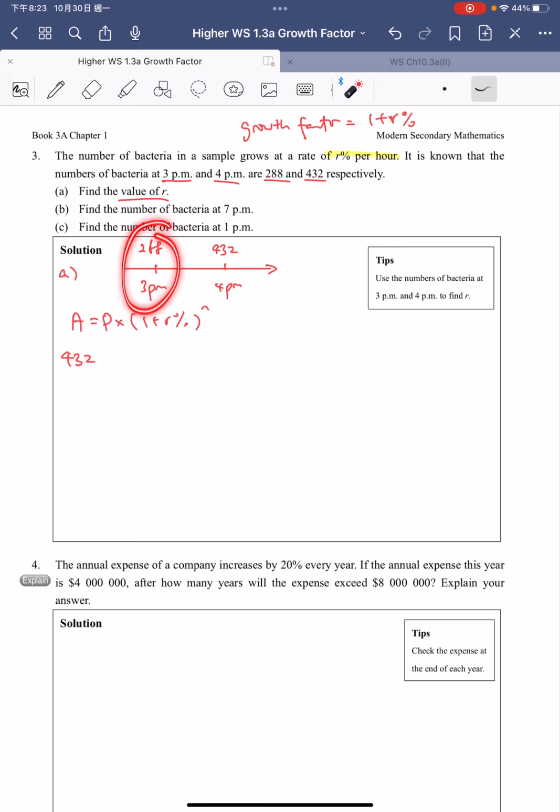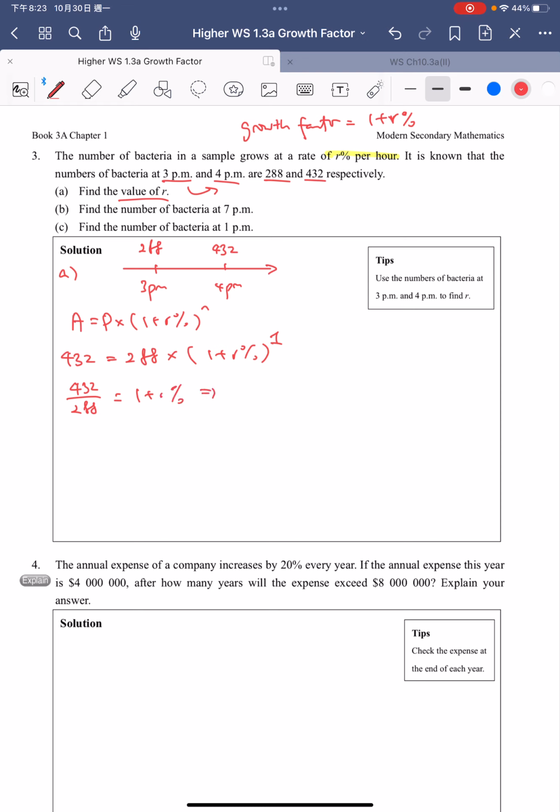That's our A, and P stands for the old value, or the past value, so it's going to be 288. We don't know the R, so 1 plus R% to the power of n, and n is just 1 hour passed, so it's to the power of 1. So 432 divided by 288 is equal to 1 plus R%, giving that R% is equal to 432 divided by 288 minus 1.